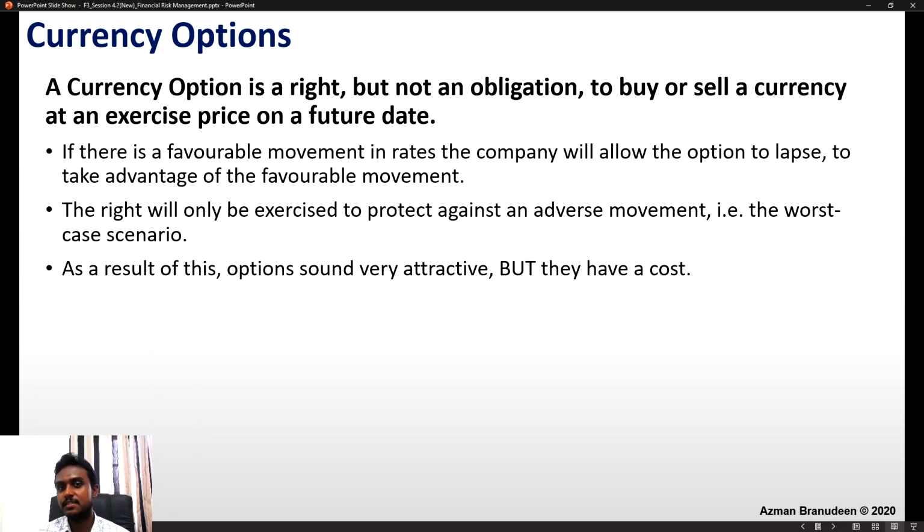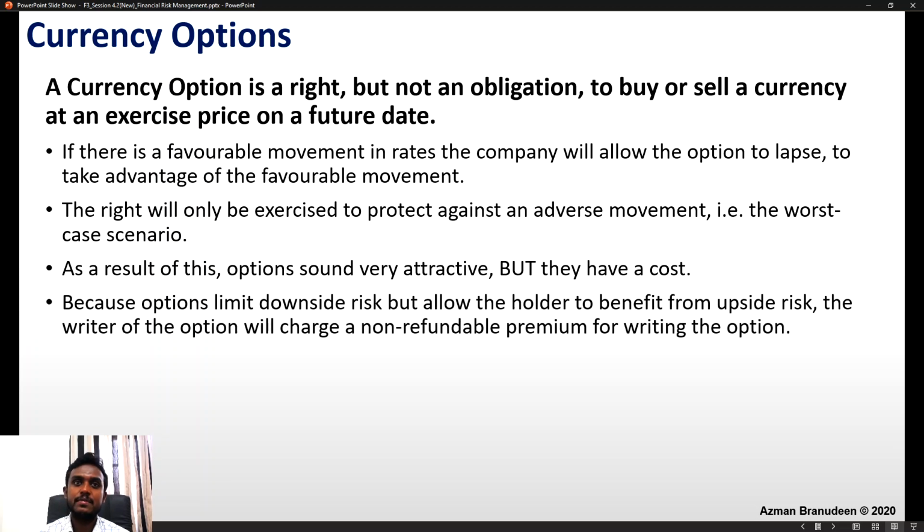If the currency movement is adverse, you can stop yourself from exercising because you have that right to not exercise it. And that is also an advantage, right? You're minimizing your losses, so that definitely comes at a premium. Because options limit downside risk but allow the holder to benefit from upside, the writer of the option will charge a non-refundable premium for writing the option.